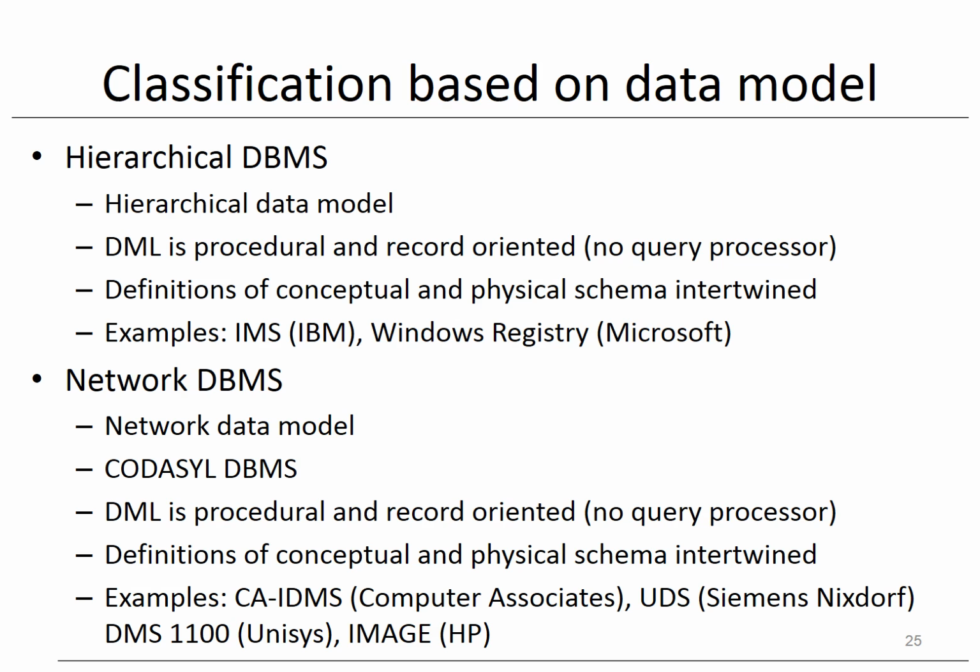Network DBMSs use a network data model. One of the most popular types are CODASYL DBMSs, which implement the CODASYL data model. Also here, the DML is procedural and record-oriented, and no query processor is available. Consequently, the definitions of the conceptual and physical schema are also intertwined.